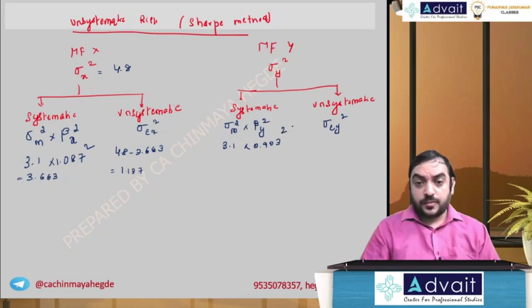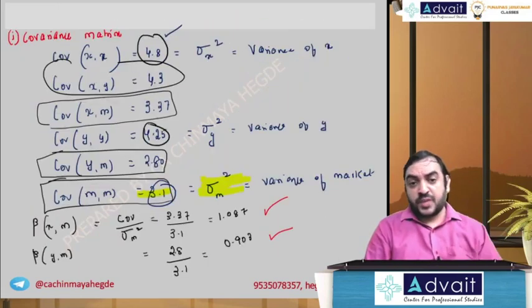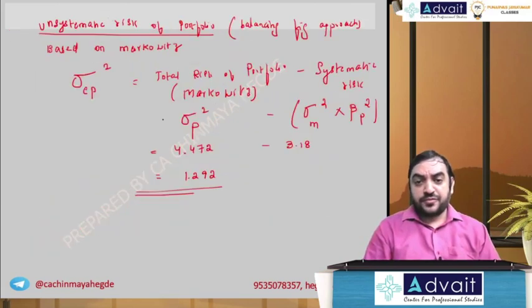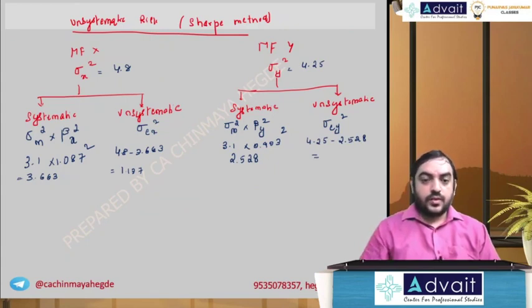The 0.903 square. 3.1 into 0.903 into 0.903, 2.528. And so what is security Y variance from the first part of the problem? It is 4.25. So 4.25 minus 2.528, that gives 1.722.